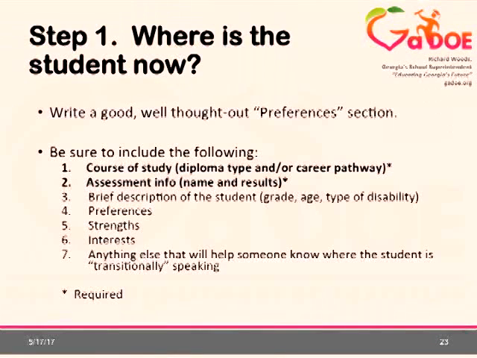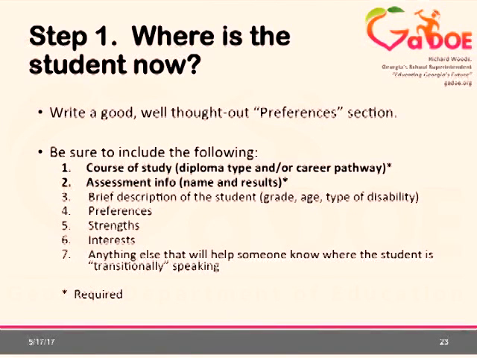You may have brought in an assistant principal, maybe the counselor, maybe the voc rehab counselor who has not met this student before. But if you've got a well-written preferences section, it gives that person a good indication of who the student is. Now, here is a listing of the things that can be talked about in the preferences section.